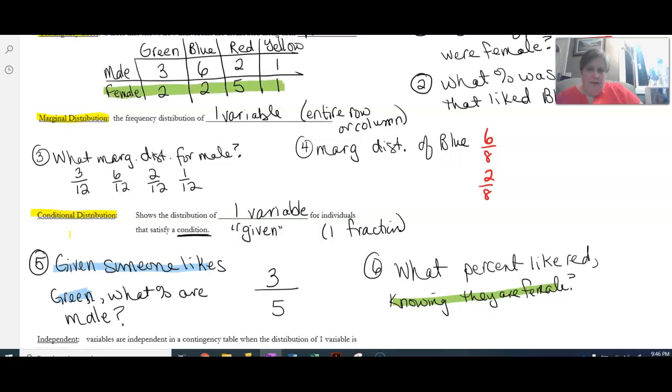Now, out of those, which ones are red? Well, that's this one. So the answer for this one is 5 out of 10. Okay, so we had to know. And now you see how it says percent? I still have to have a fraction. You're more than welcome to put a percent, but it must have a fraction there.